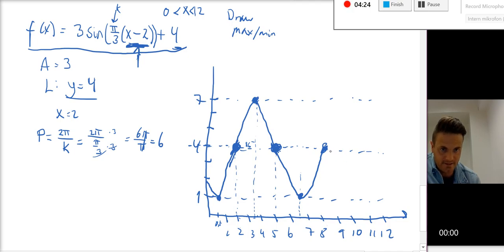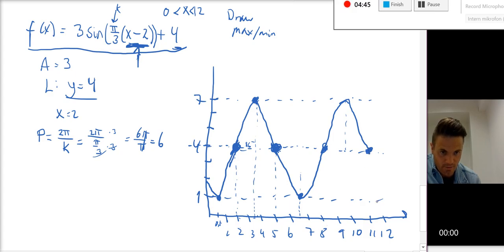Same thing here: if I go half a period to the right to 11, I will intersect the midline on the way down. If I go 1.5 to the right, I get 9.5, so I get a maximum point here.